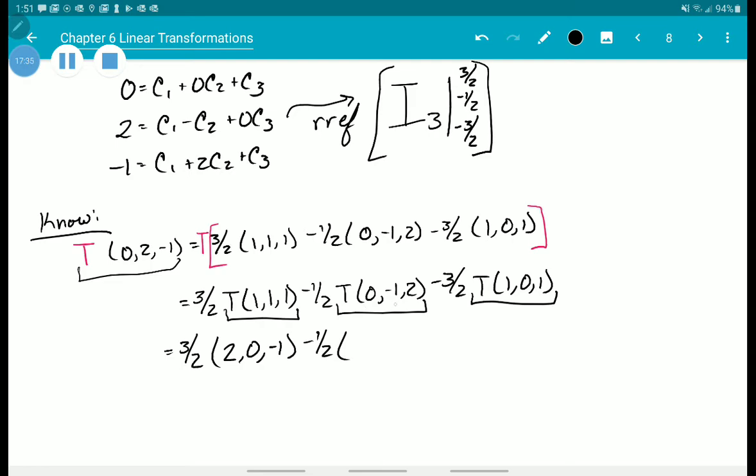Transformation of 0, -1, 2 is -3, 2, -1. And the transformation of 1, 0, 1 is 1, 1, 1. Just kidding, 1, 1, 0.